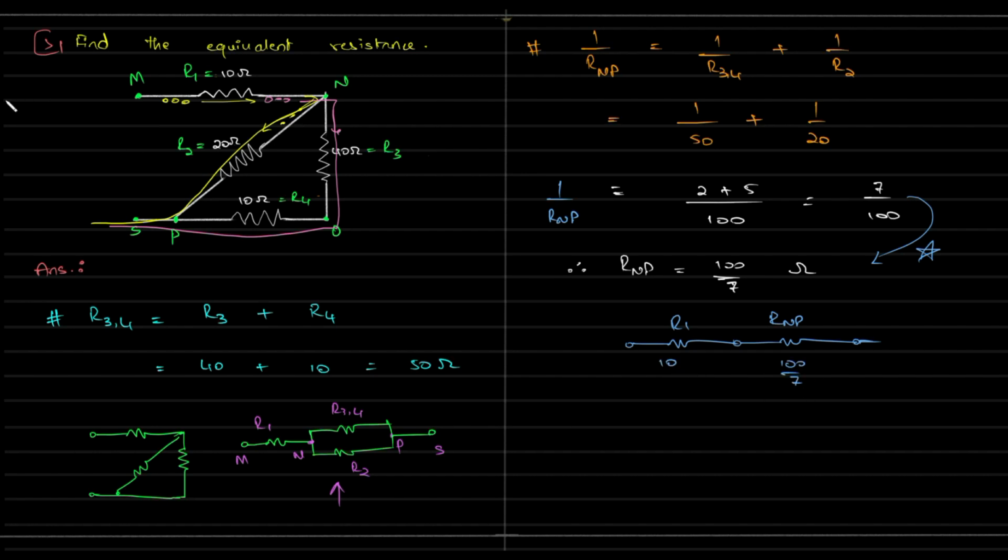They are in series. And from one end to another end, we have R MS, which is R1 plus R NP, which is equal to 10 plus 100 by 7. So 70 is your LCM. So 70 plus 100 is 170 by 7 ohm.